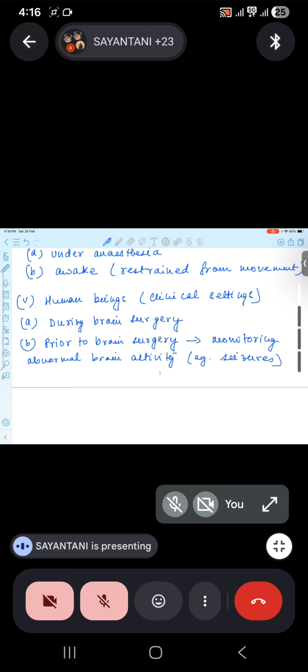Like if the patient is suffering from multiple seizures at a given point of time, that patient cannot go for surgery. So before brain surgery, you are monitoring any kind of abnormal brain activity if required. Then you can go for invasive based techniques.